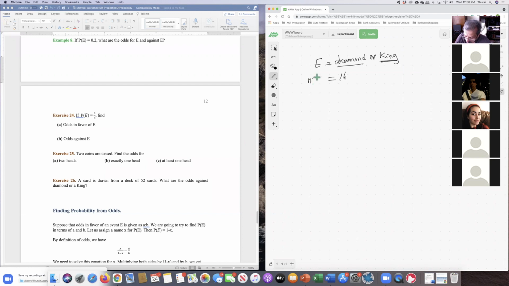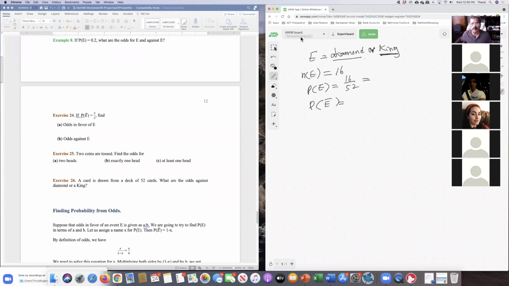So count of E is 16, and probability of E is 16 over 52. Probability of E bar is 1 minus that. I'm sorry, how did we get the number 16? Okay, there are 13 diamonds.